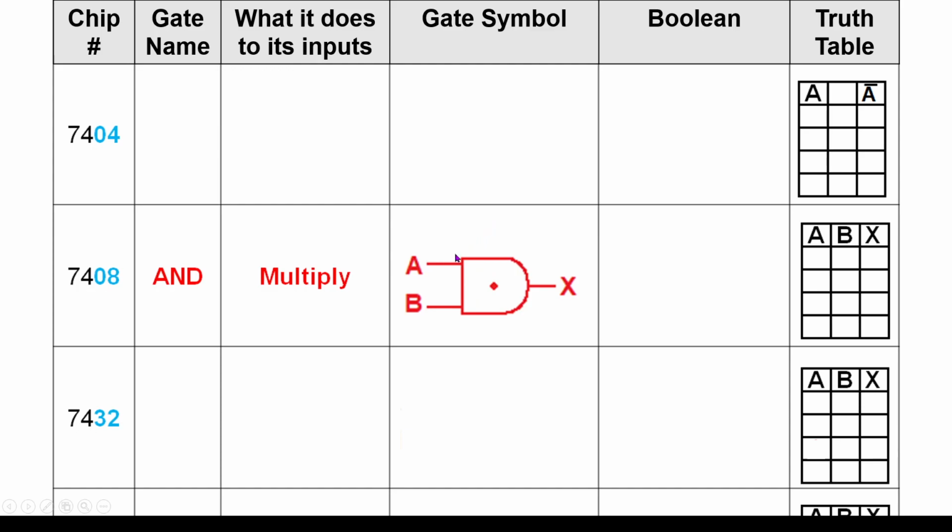Okay? So basically, A is going to be multiplied against B, and the result will be given as X.